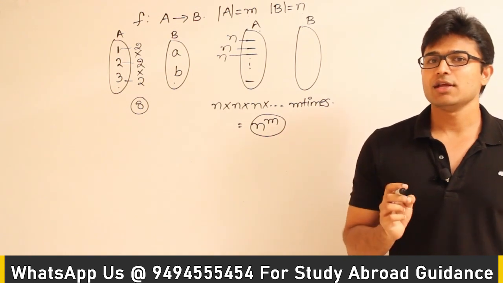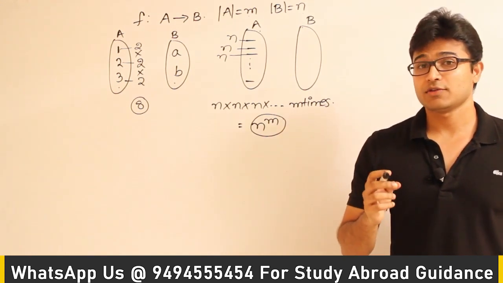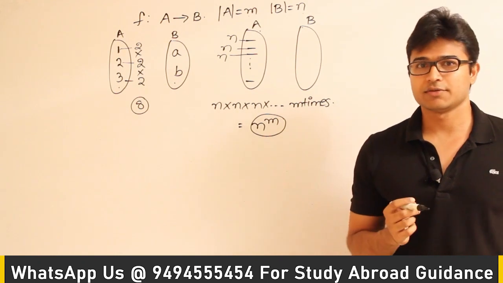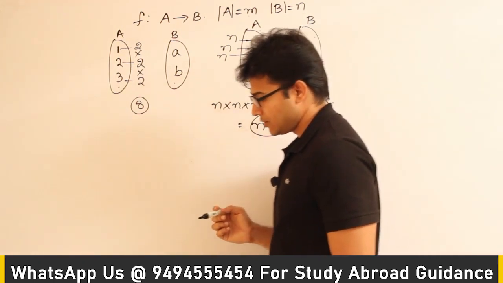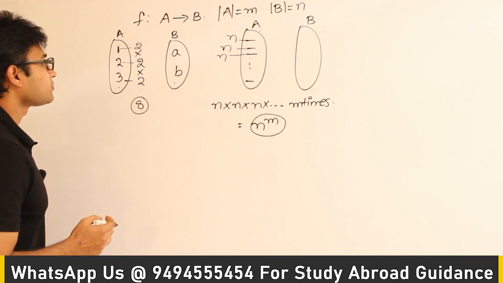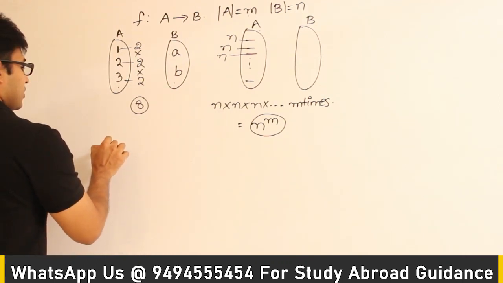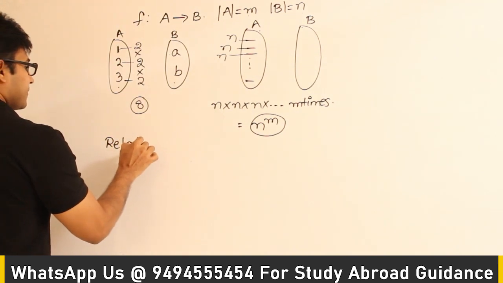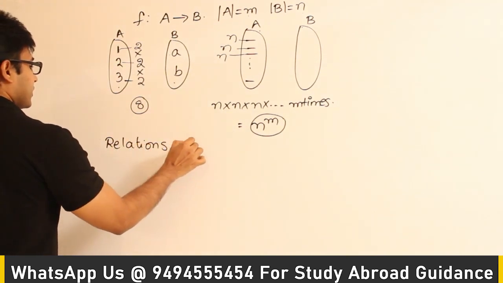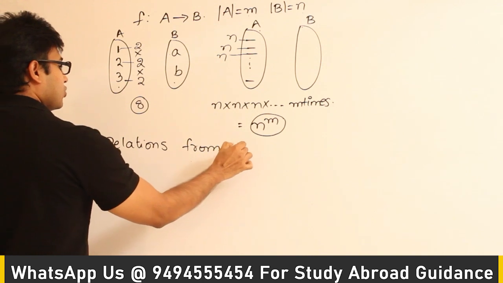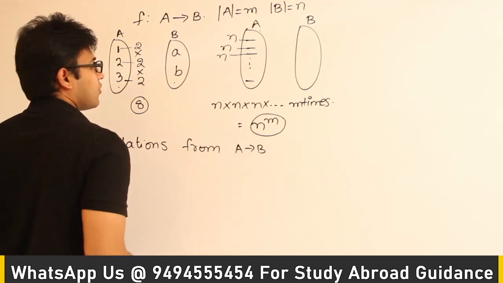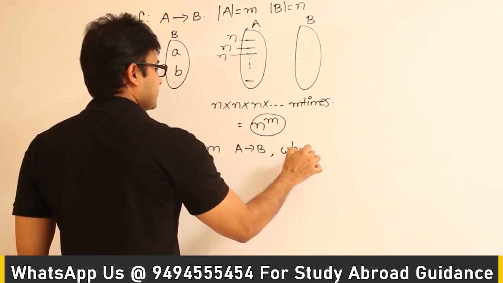Therefore, every relation cannot be a function. What I mean to say is this. Now I want to find out the total number of relations from A to B which are not functions.